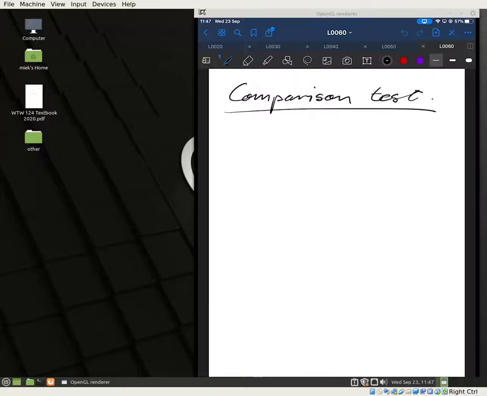Okay, so now we will move on to an extremely important concept in all of mathematics called the comparison test. The principle behind it is quite easy to understand.